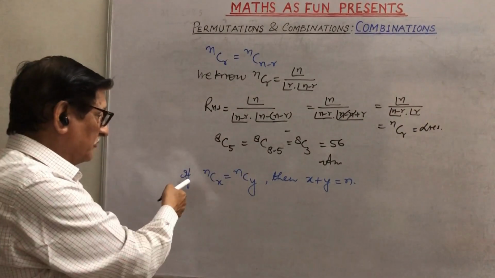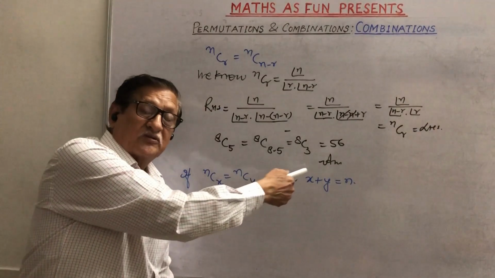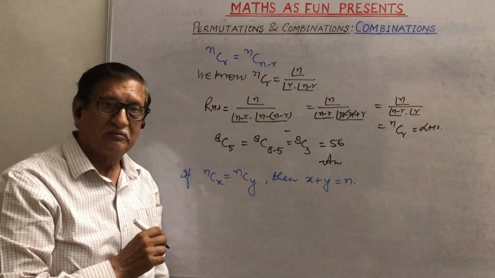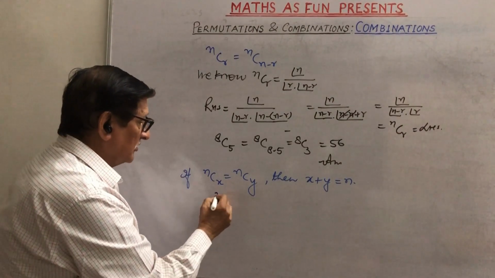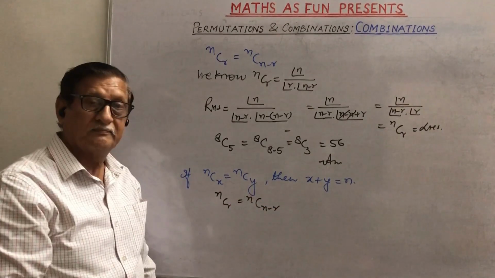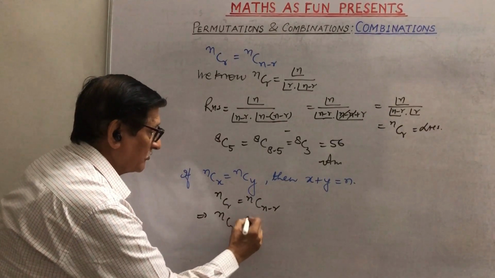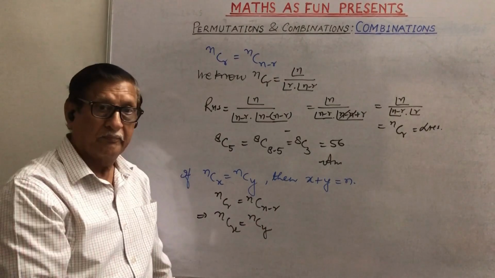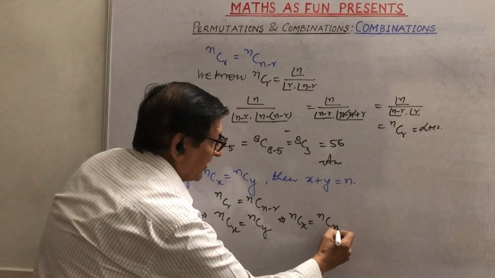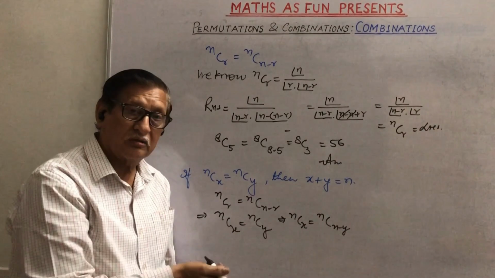Based on the same, we have one more property, that nCx is equal to nCy implies that x plus y is equal to n. How to prove it? So we have just now learnt that nCr is same as nC(n minus r). From this, if we have nCx is equal to nCy, can we write this as nCx is equal to nC(n minus y)? And as this and this are to be equal, both are r.